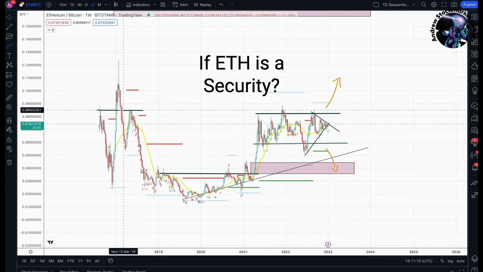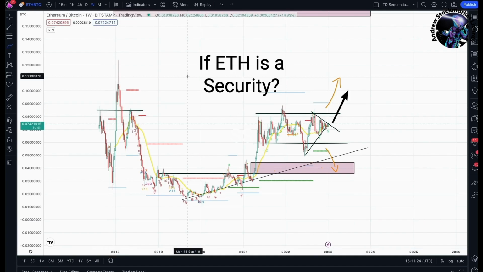And vice versa, if you hold an altcoin like Ethereum at these levels, then upon its breakout, you now have a higher valuation of your coin versus Bitcoin. So watching this Ethereum versus Bitcoin chart for me is really, really interesting. We'll keep track of it.